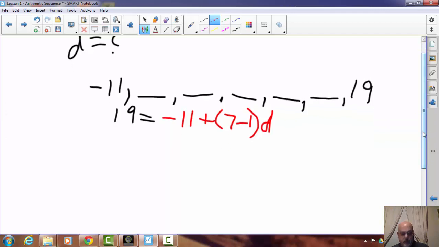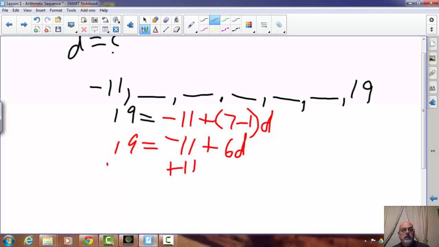So 19 equals negative 11 plus 7 minus 1 is 6, 6D. Let's solve this for D. We're going to add 11 to both sides. 30 equals 6D.